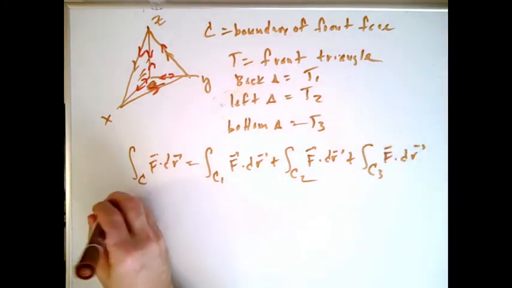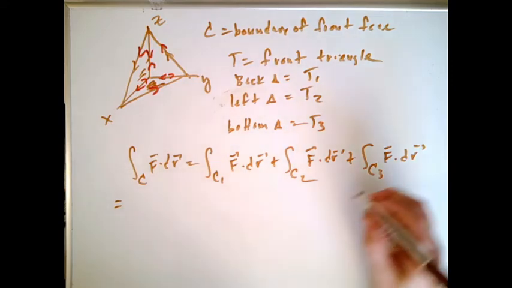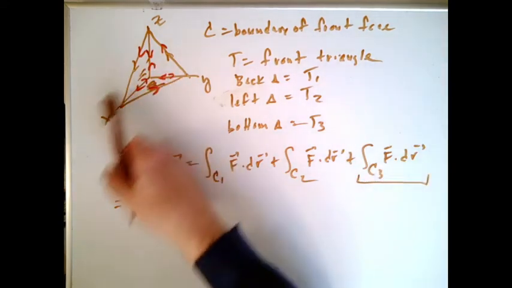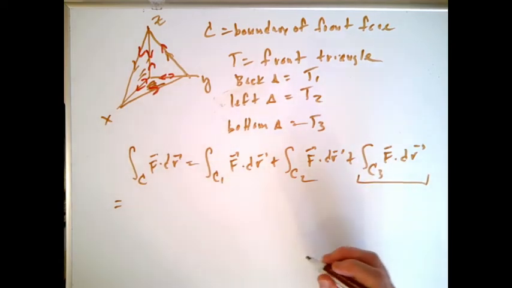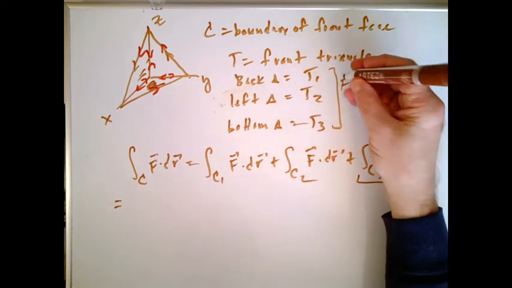Now, why is this an advantage? Well, it's kind of weird. Remember, this is a teeny tiny tetrahedron. It's the only way this does us any good. Let's look at C3 first. What is that? That's the work done along a teeny tiny triangle by a vector field. Now, the vector field does have three pieces.